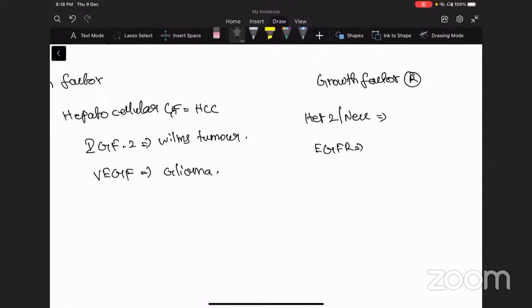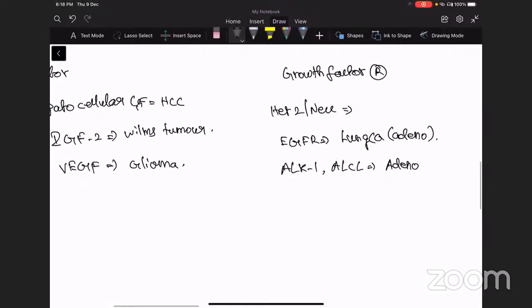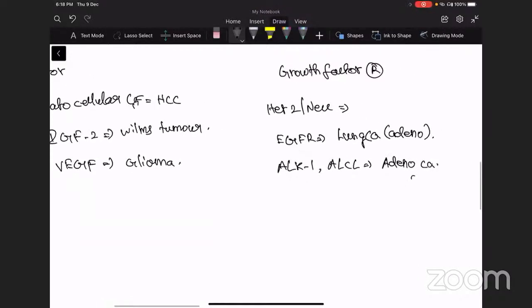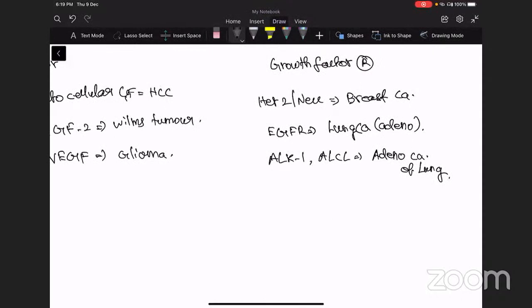EGFR, lung cancer, most commonly the adenocarcinoma type. ALK mutation is seen with adenocarcinoma of lung. Yes, very good. Naveen, breast cancer is the correct answer. Breast cancer is seen with the mutation of HER2/neu.